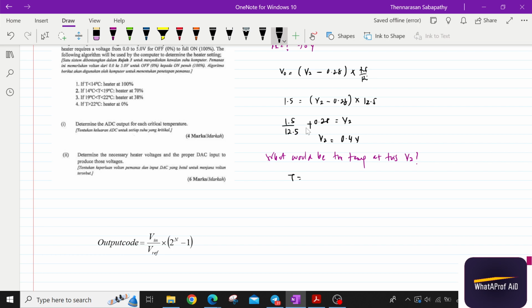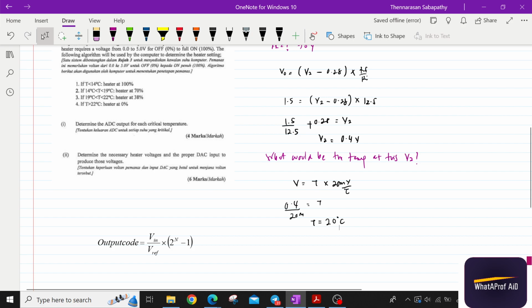What is the answer? 20. So 20 degrees Celsius. If this is the case, 20 is within this range. Yeah, makes sense.